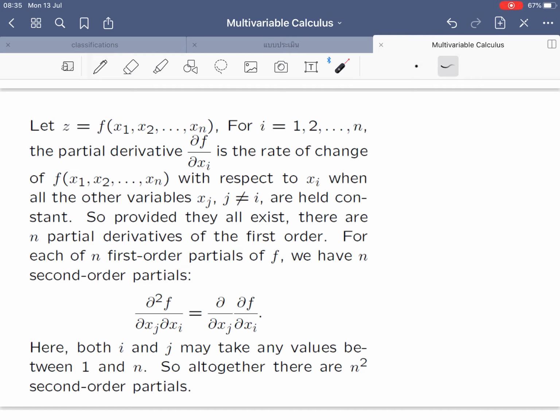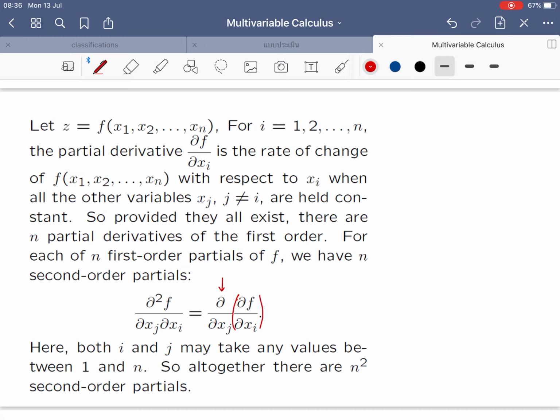If all the first-order partial derivatives exist, then we have another n second-order partial derivatives, d2f by dxj dxi, found by taking this derivative first and then continuing.